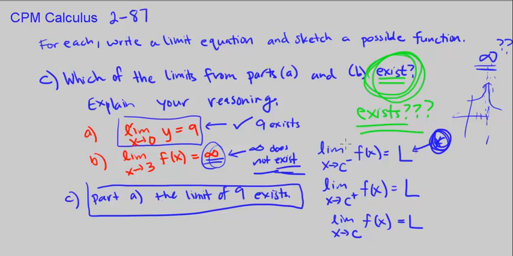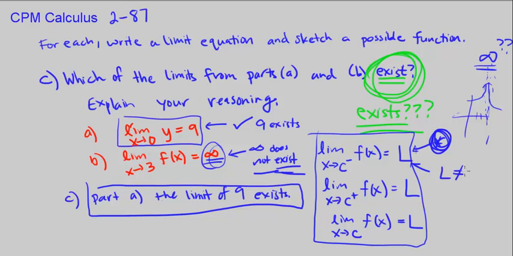Remember, when you're looking at things like this, L cannot be infinity, because infinity does not exist in the sense that it is clearly well defined and definable. Okay, so this ends CPM Calculus Chapter 2, number 87.